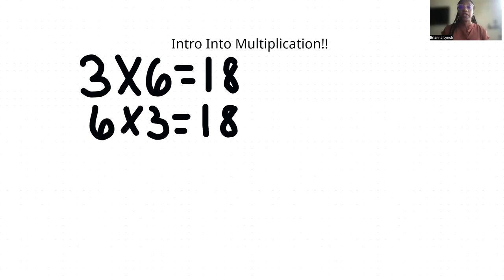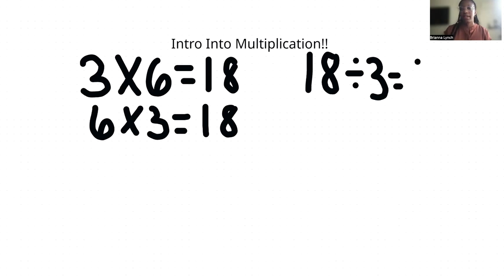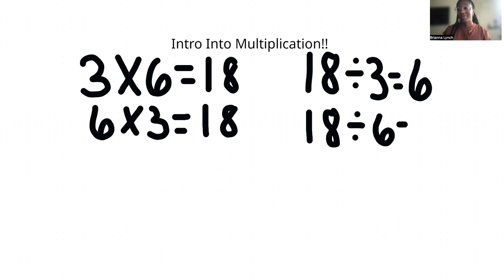So now let's look at this. When we do division, we still can have our fact family, right? We have 18 divided by 3 gives me 6. And we have 18. Remember, 18 is our whole, right? Divided by 6 equals 3. That equals my next part. Okie dokie.